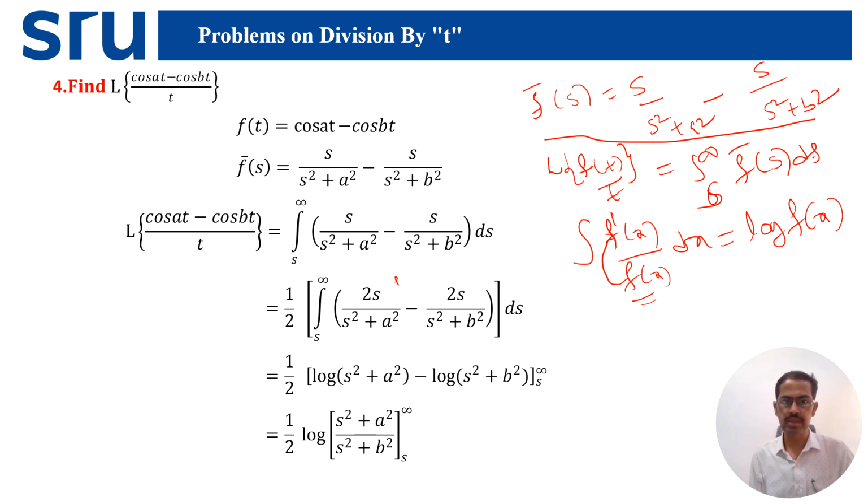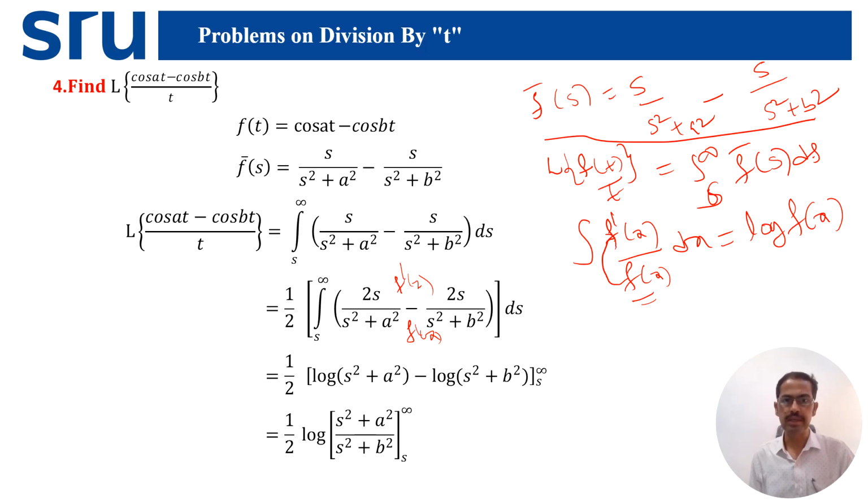Now this is f dash of x and this is f of x. The derivative of s square is 2s. So that is 1 by 2 times log of s square plus a square minus log of s square plus b square, from s to infinity.